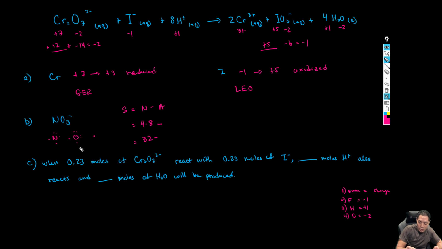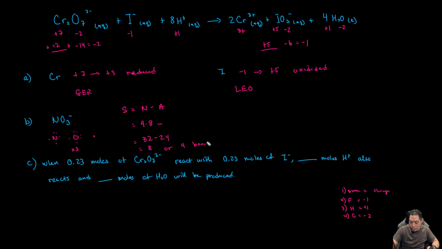So we have 1 of these, 3 of these, and 1 of these. So that's 5 plus 3 times 6 plus 1, and that gives us 24. 32 minus 24 is 8. So that's 8 shared electrons or 4 bonds.